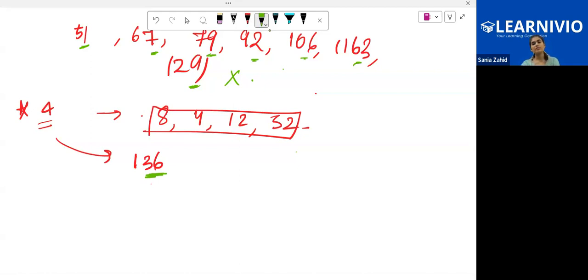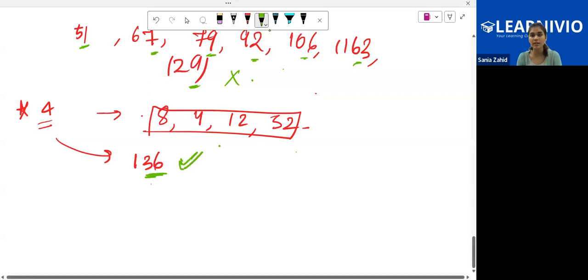What is 4 into 9? Yes, it is. That means 136 is divisible by 4.